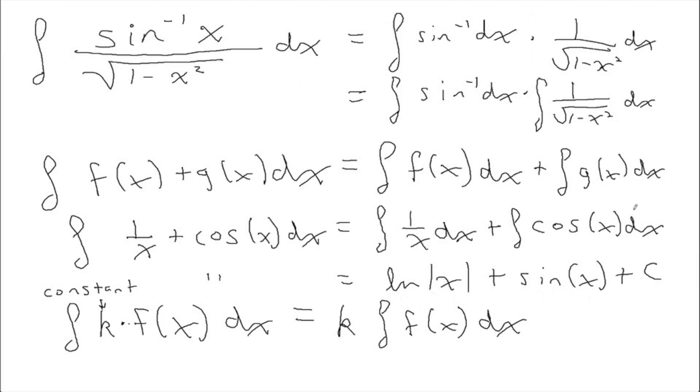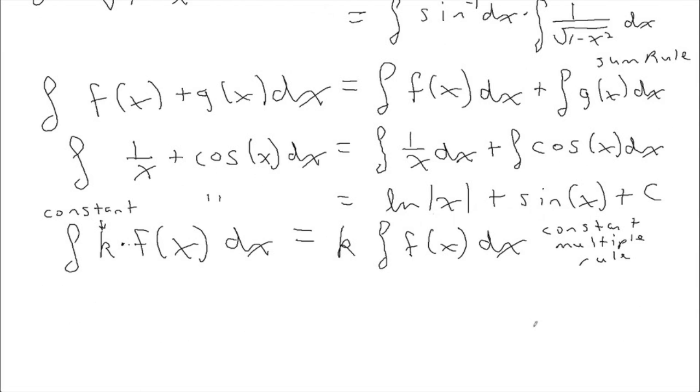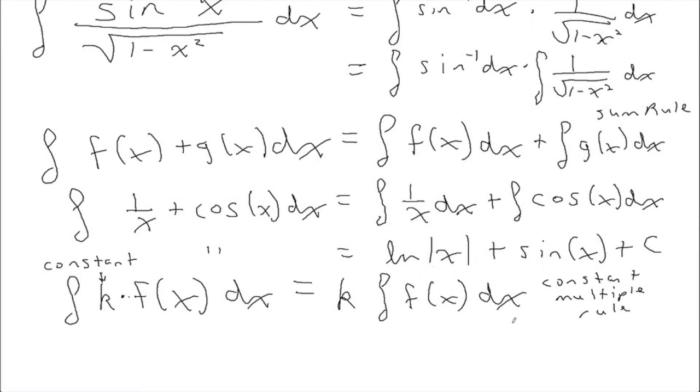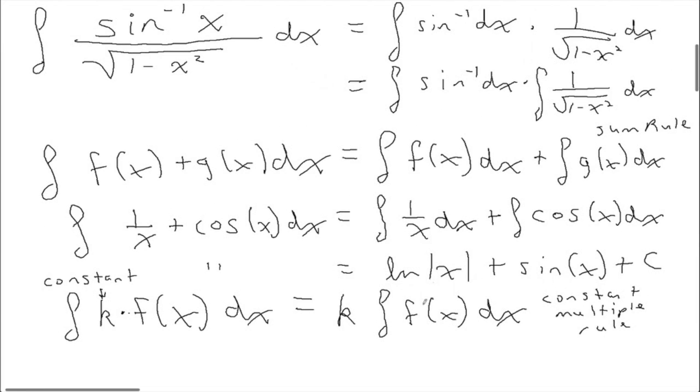So here we were using the sum rule, and here we have the constant multiple rule. The problem here is that I've been teaching these antiderivatives a little bit sloppily because we've been skipping steps.